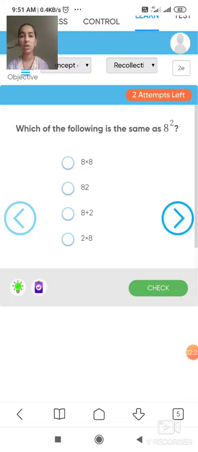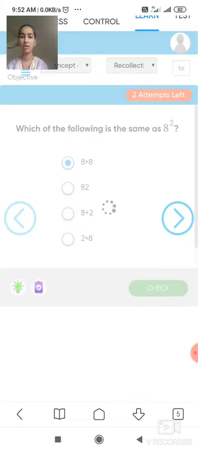Square means the number of multiplications. So the first option is the correct one. That means 8 multiplied by 8 is written as 8 square, that means 8 multiplied 2 times. Okay, so 8 multiplied by 8.